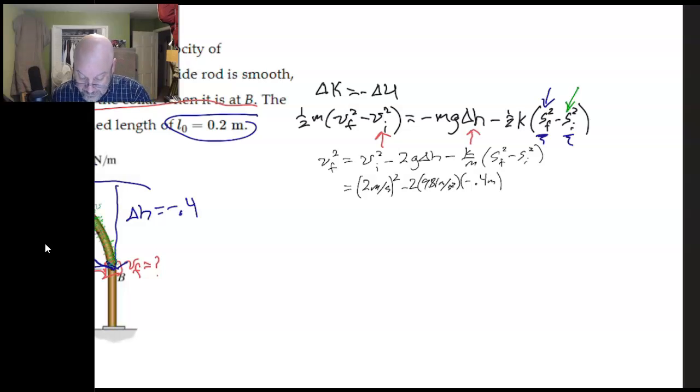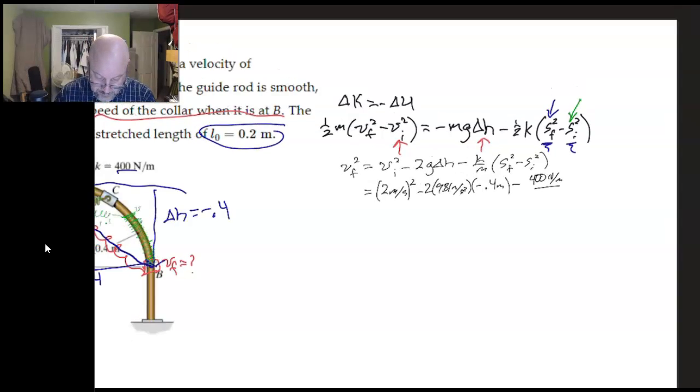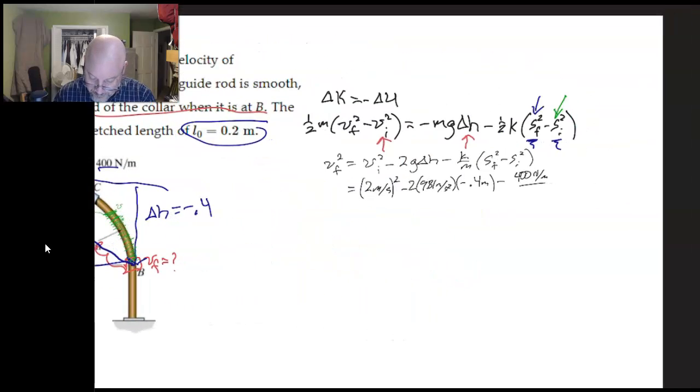And then my k is 400 newtons per meter divided by my mass, which I've forgotten, 4 kilograms. And then s final we said was 0.3 meters squared minus 0.1 meters squared. Okay, there we go.